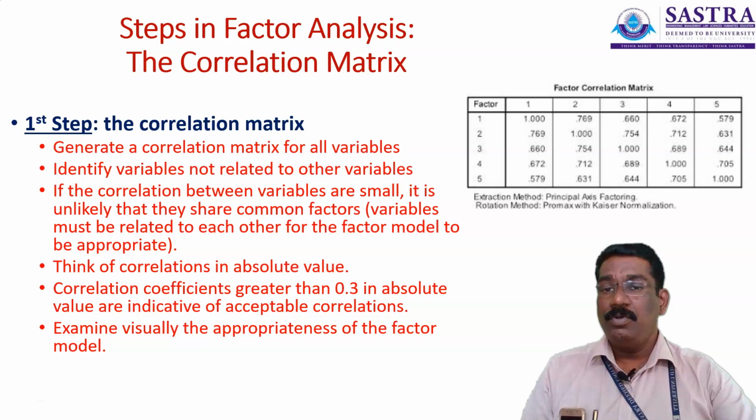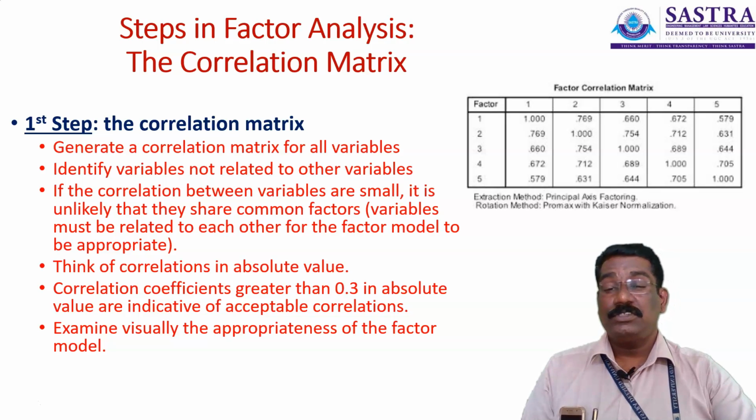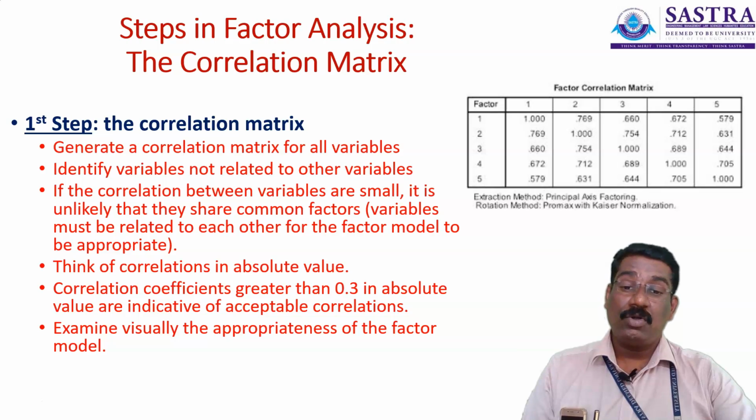Any value below 0.3 is considered to have a poor correlation. Any value above 0.90 seems to have a higher correlation, which means that both the variables are the same variable, there is no difference between them.